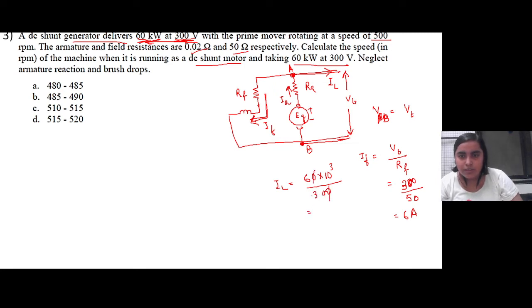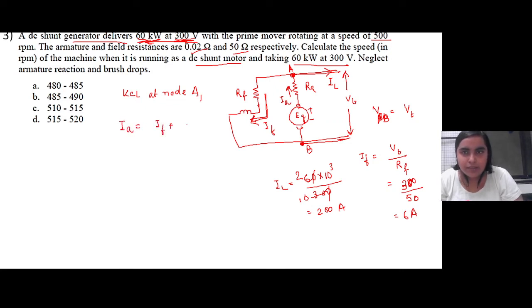This is equal to 200 ampere. Now if we apply KCL at node A, the armature current is equal to the field current plus the load current, so it is 200 plus 6, 206 ampere.